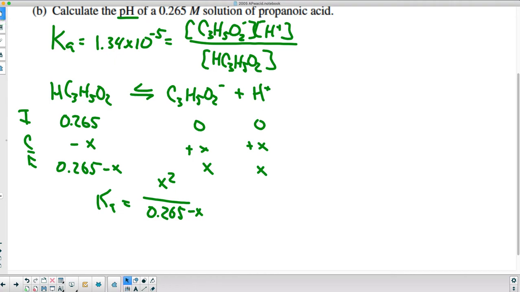You guys know what we can do here. I talk about it all the time. I love the fact I can get rid of that term, which means that all of that is equal to 1.34 times 10 to the negative fifth.